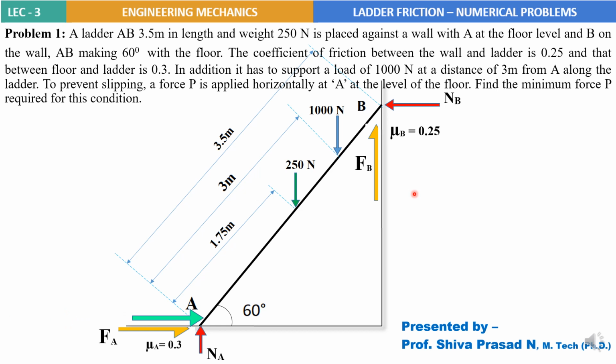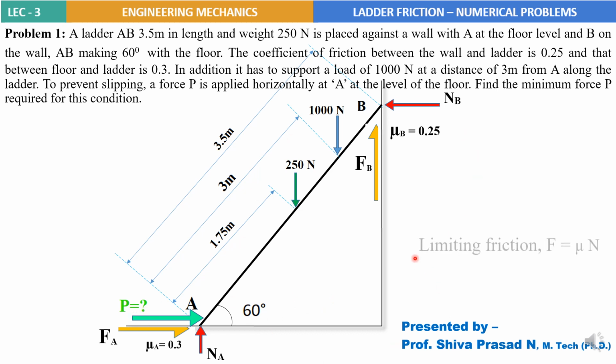Another thing is the minimum force P required for this entire condition has been asked in the problem, so that also I will consider as the unknown force P, and that's what we are required to find.